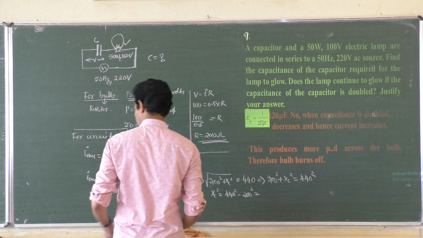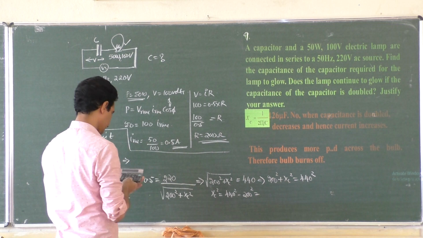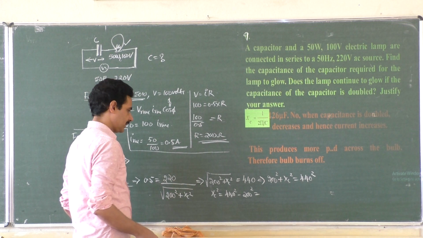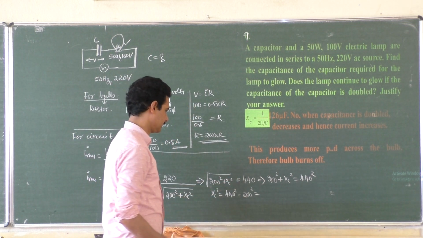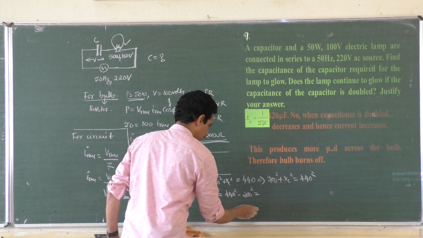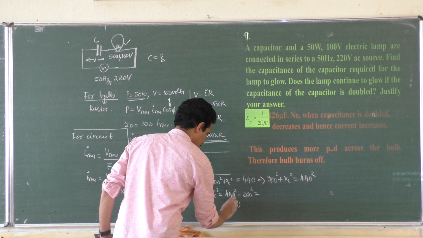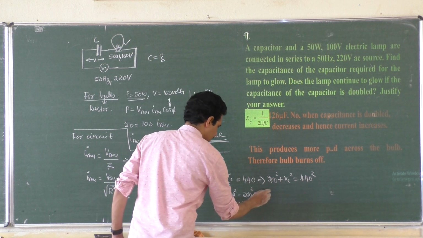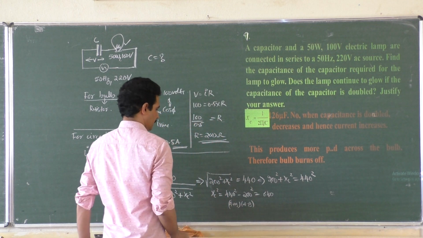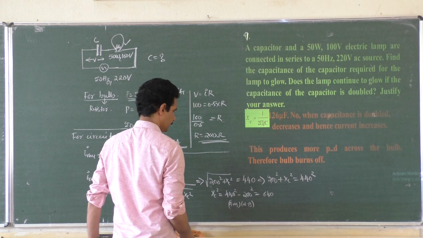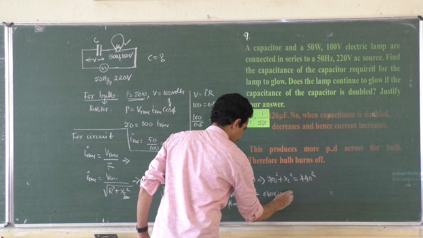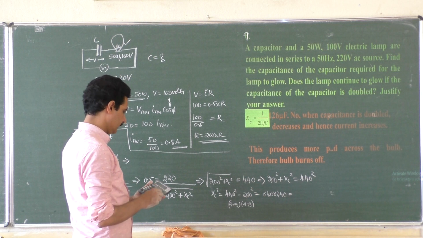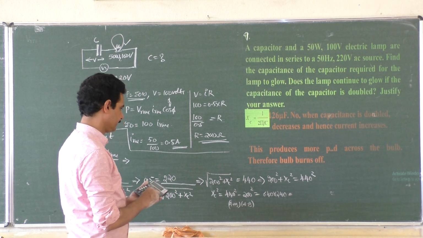You can do this using A square minus B square is equal to A plus B into A minus B. That is 440 plus 200, which is 640, and 440 minus 200, which is 240.